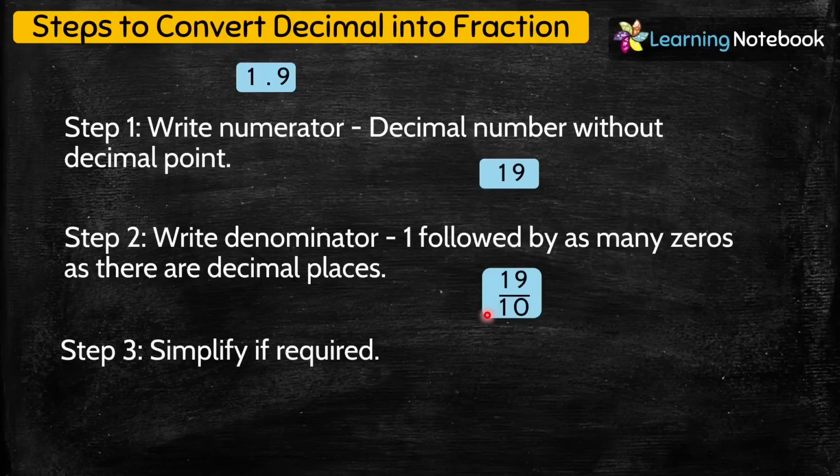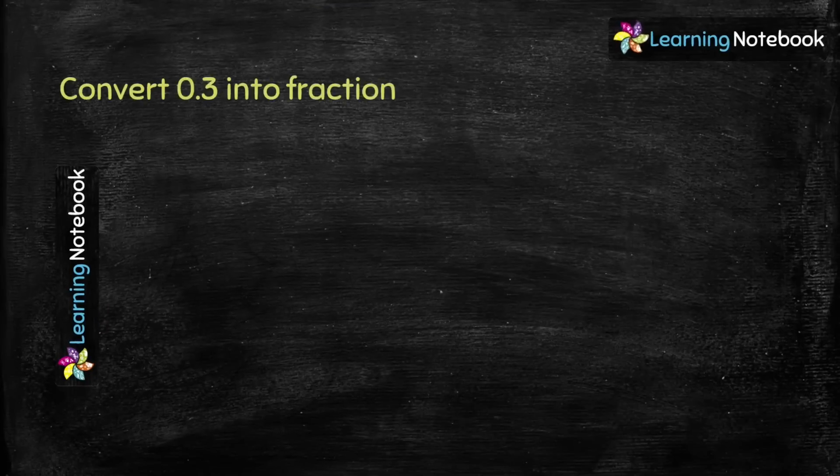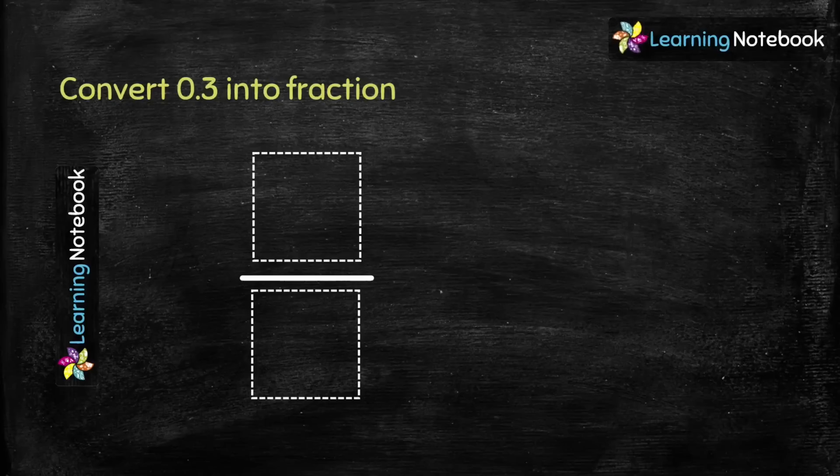And in step 3, we will simplify if required. But here we are not going to simplify it because there is no common factor between numerator and denominator. Now let's do another question. Convert 0.3 into fraction.